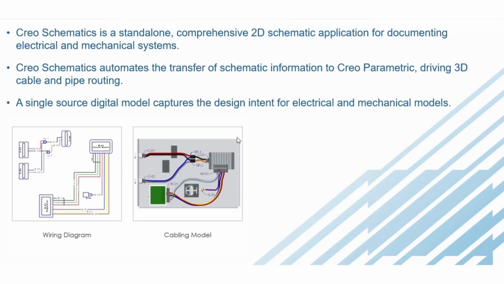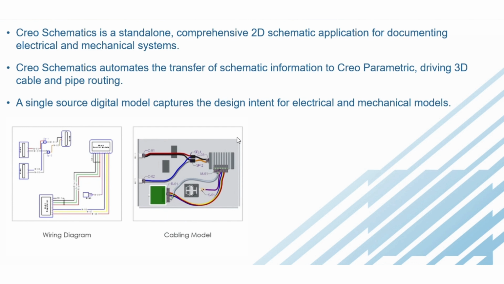Creo Schematics is a standalone, comprehensive 2D schematics application for documenting electrical and mechanical systems. Creo Schematics automates the transfer of Creo schematic information to Creo Parametric, driving 3D cable and pipe routing.